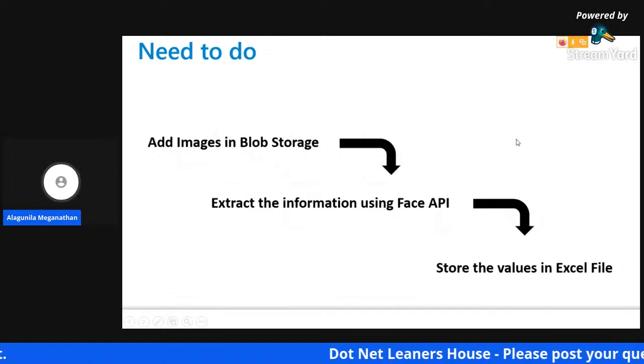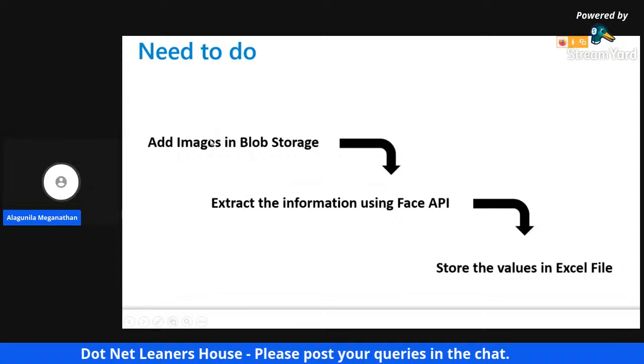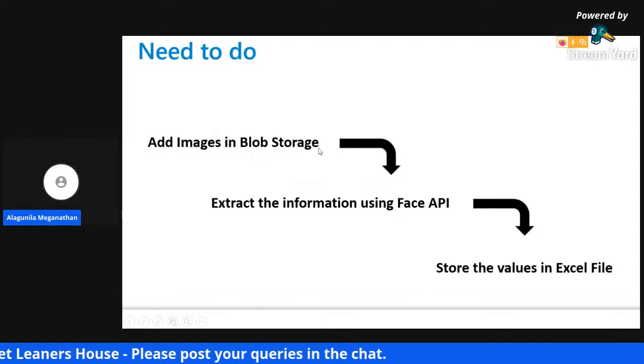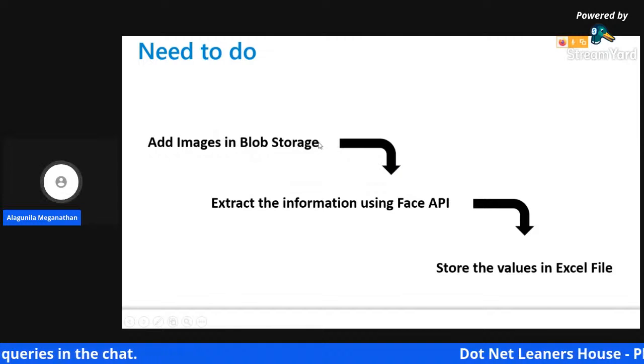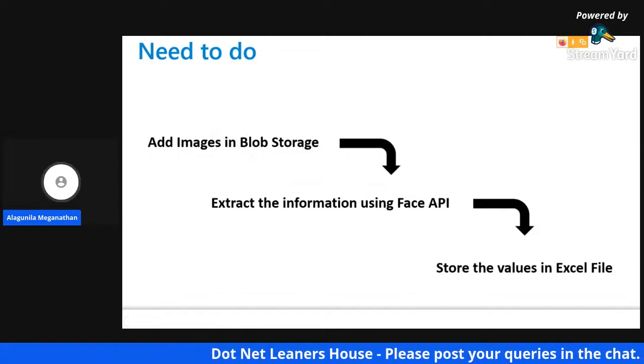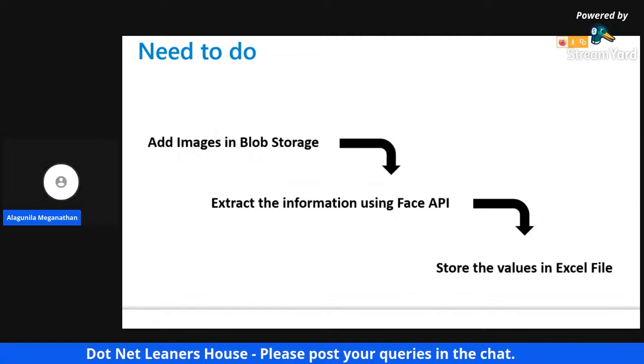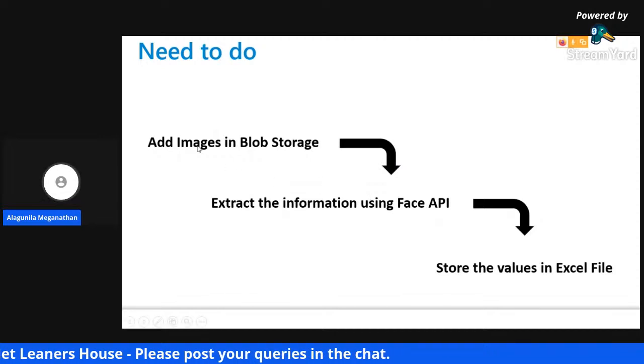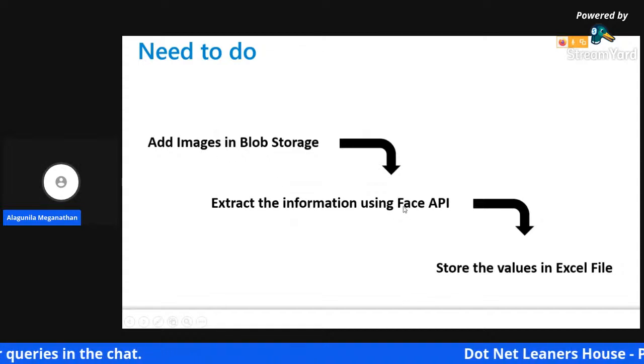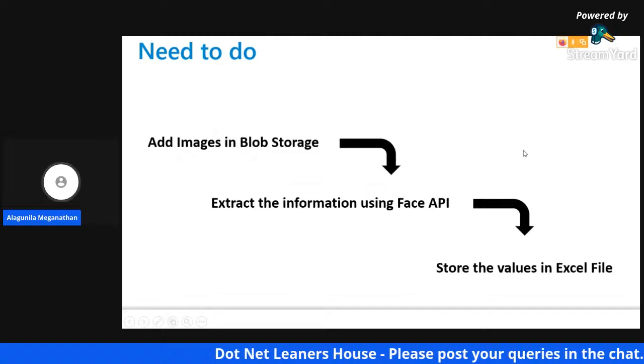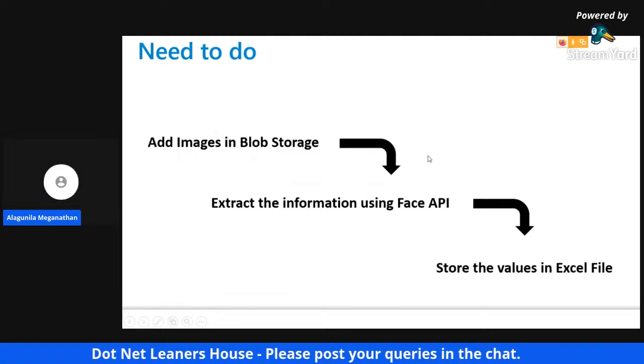Whenever I upload any image to the Azure Blob Storage, it opens that image and extracts the particular information that we have specified in the Face API, and then stores those values in the Excel file. This is the demo we need to do in the session.